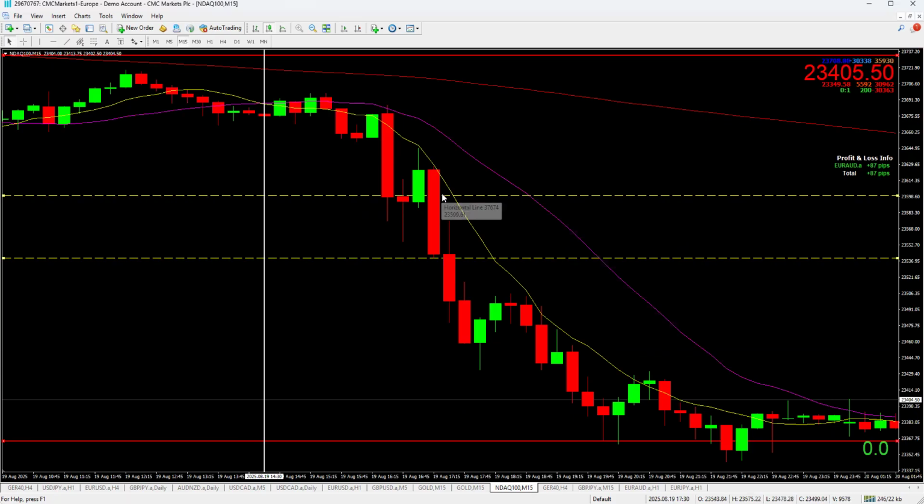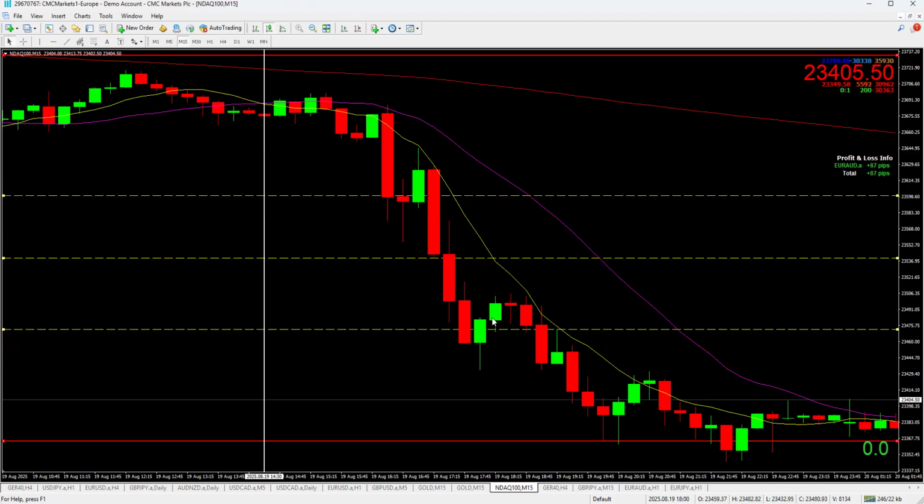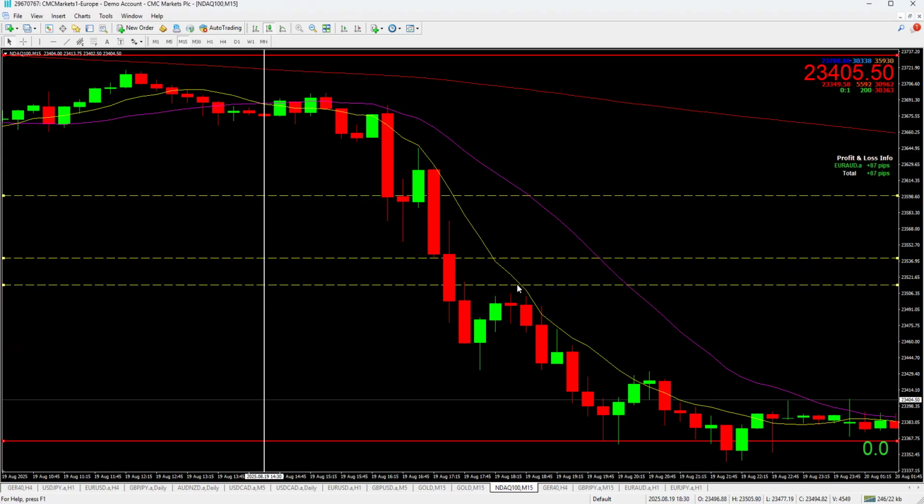So you entered one here when this green candle was taken out. When this green candle was taken out, you entered again. Guess what? The price pushed up. And you entered again here. This price pushed up.